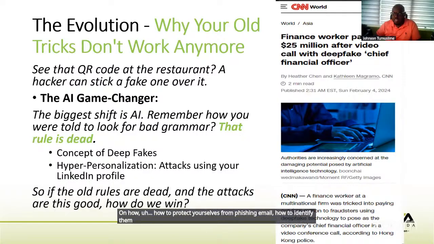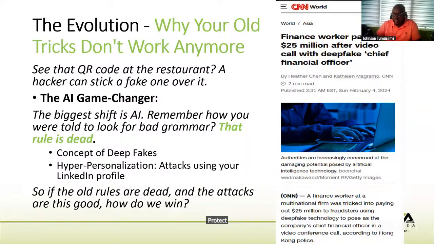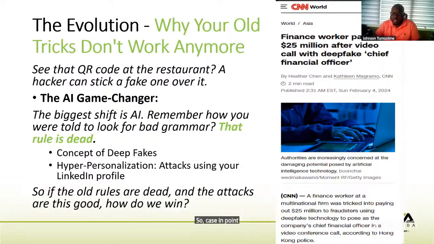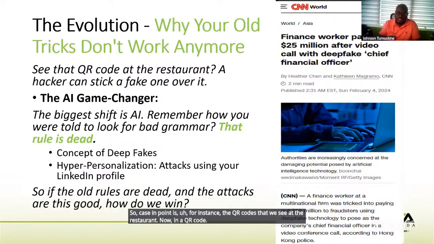But the reason why these keep evolving is that the ways we use to identify them, even the ways I've described, require an extra step in being able to protect ourselves further, because even the hackers have sophisticated their games. A case in point is, for instance, the QR codes that we see at the restaurant. Now, in a QR code, you cannot see anything I defined.